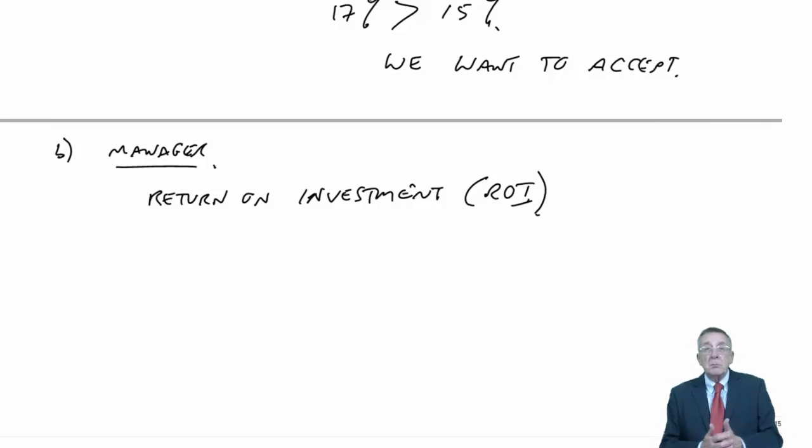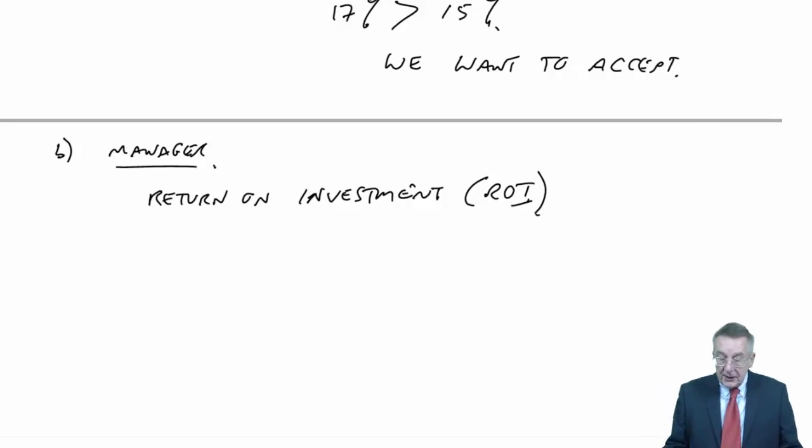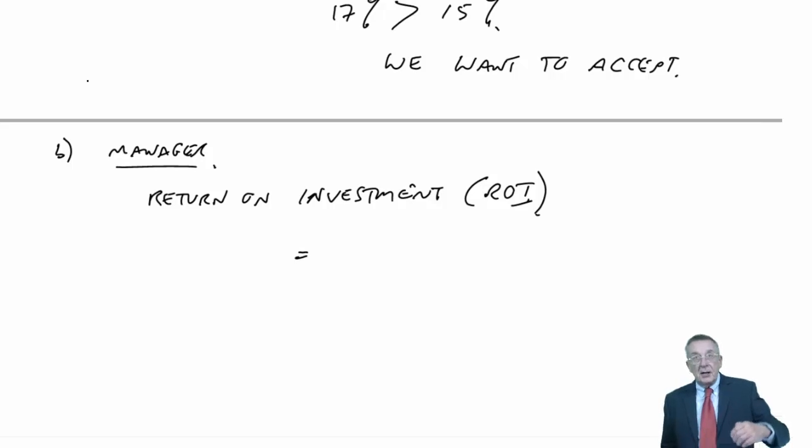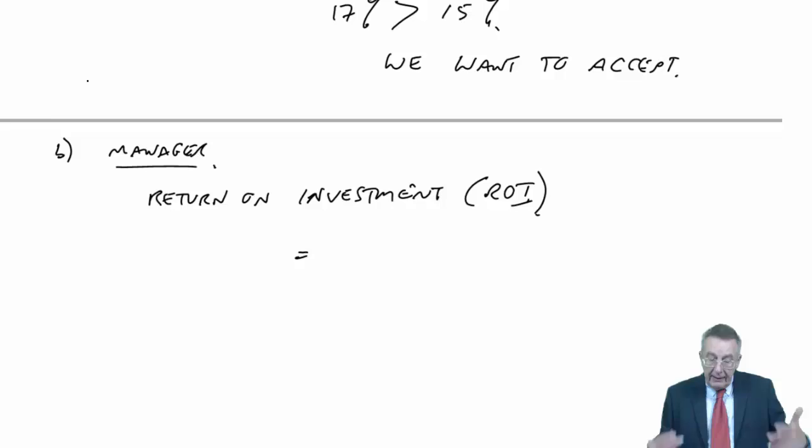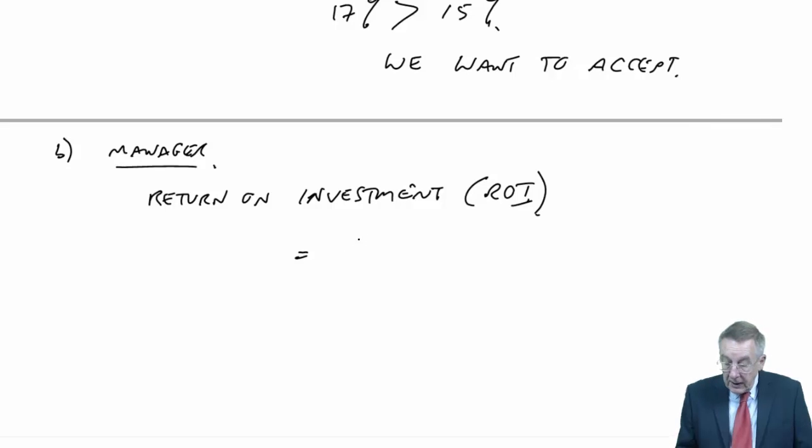If I'm measuring purely on profit, it's doing well. Because it's an investment decision, we'll measure performance based on profit as a percent of the investment, the profit as a percent of the total invested.